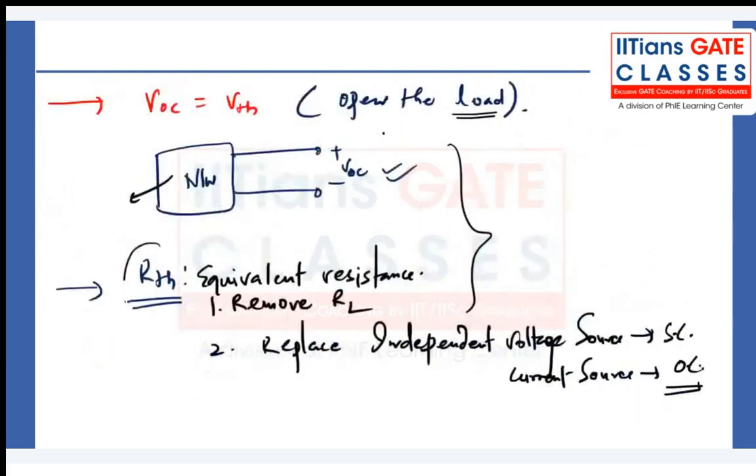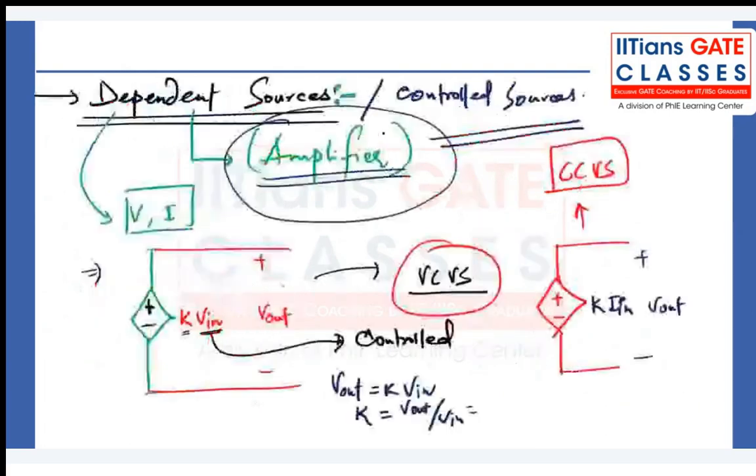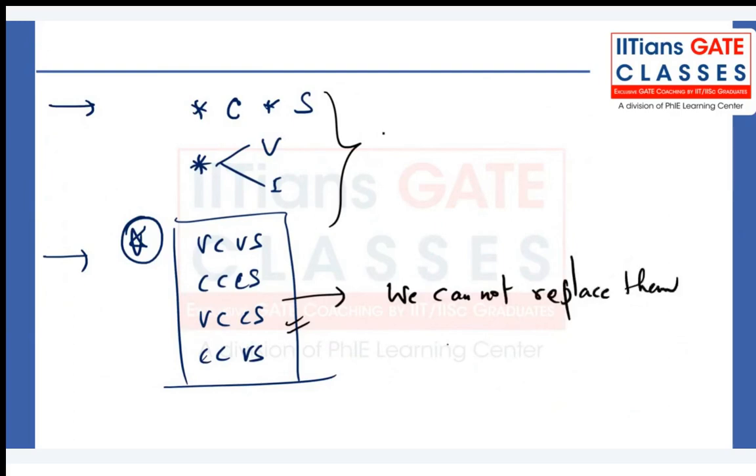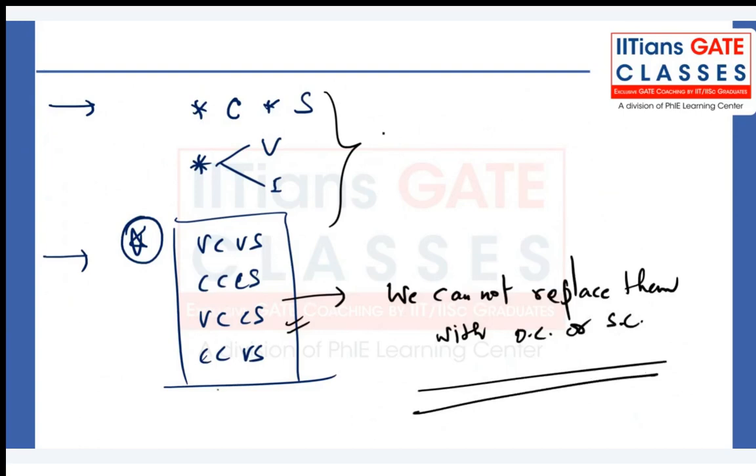Because these are dependent sources, we cannot replace them with an open circuit or short circuit, right? Remember this, we can't replace them until the control parameter is zero.